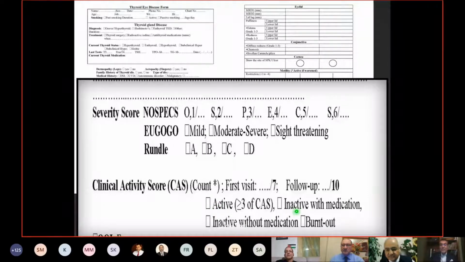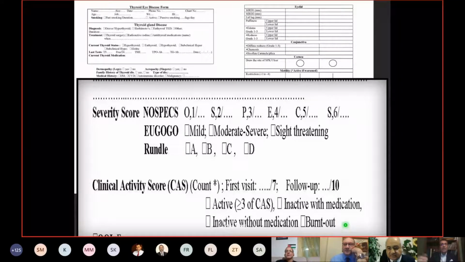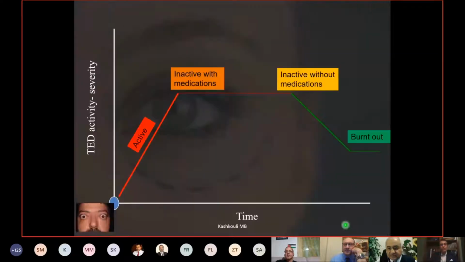Is he or she in an inactive state with medication, I mean immunosuppression, or without medication? And is he or she in the stage of burnt out? This is what we look for, and I always urge people to have any kind of documentation they think they can do easily. So documentation is the first thing to go through.